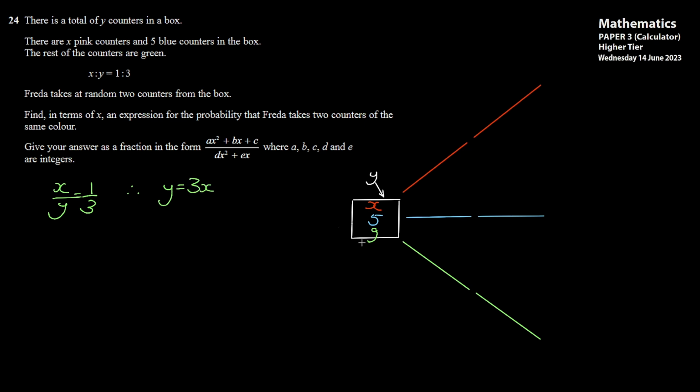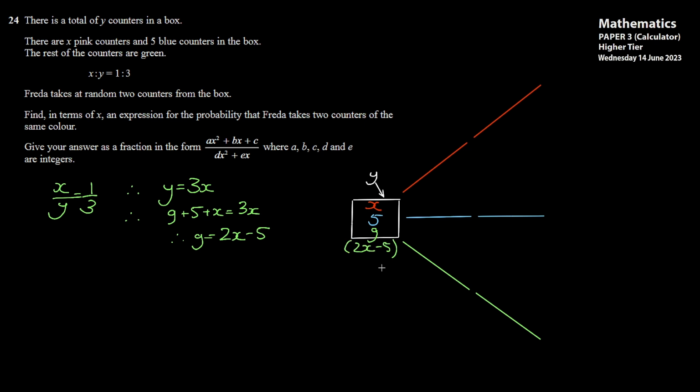So using our total of y, I can solve for g. I can say that g plus 5 plus x must equal y, which is 3x. So g is equal to, the x comes over here, 2x minus 5.